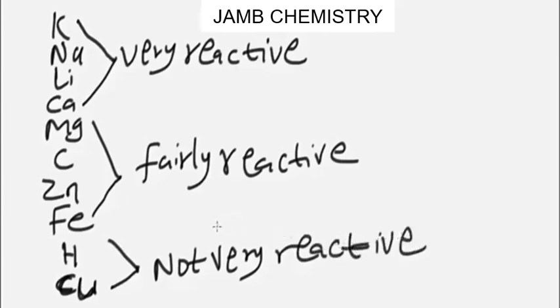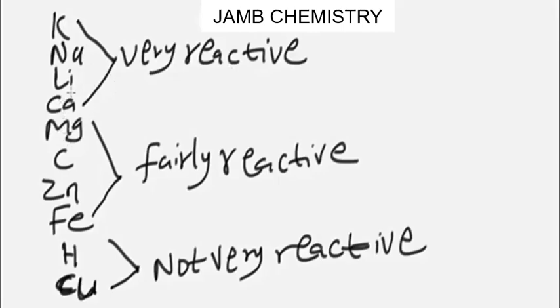So you have to know this basic information for the reactivity series of metals with acids. In the reactivity series, potassium seems to be the most reactive. So the very reactive ones are potassium, sodium, lithium, and calcium, respectively.